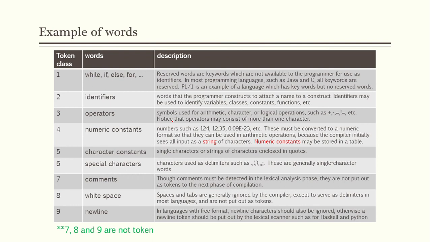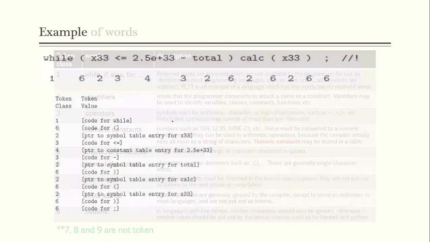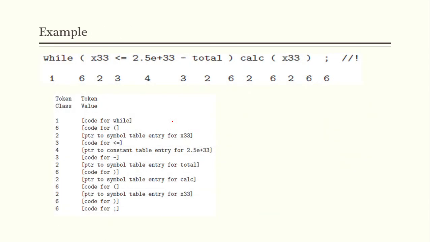White space as well is not counted as a token, and new line as well. So there are 9 token classes altogether that you need to know. Why do you need to know? Because you need to create a table for the symbols.